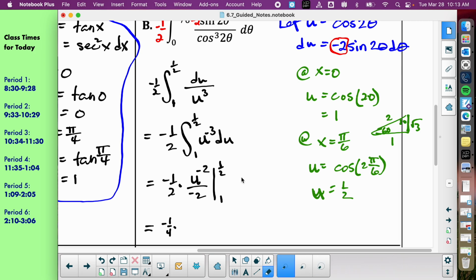Yeah, if I were smart enough to see both negative signs, yes. You guys are getting much better at catching me on the little things right away. So 1/2 to the negative 2 is the same as 2 over 1 squared, which would be 4. Minus the positive 1/4 still. Now I'm going to do 1 to the negative 2 power, which is 1. So I have 1 minus 1/4, which is 3/4.